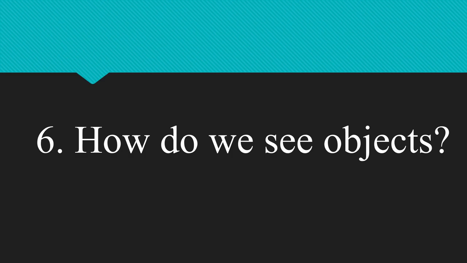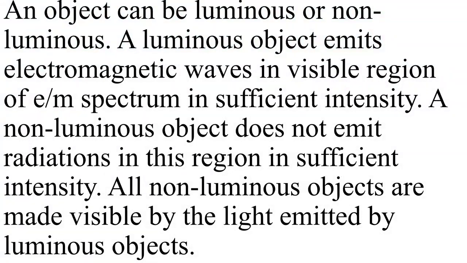Let's move on to question number 6. How do we see objects? An object can be luminous or non-luminous. A luminous object emits electromagnetic waves in visible region of electromagnetic spectrum in sufficient intensity.